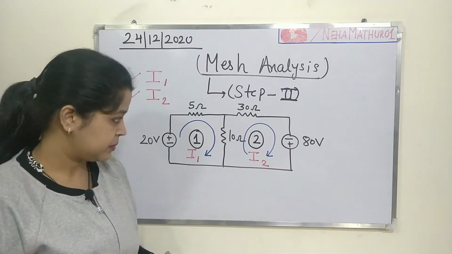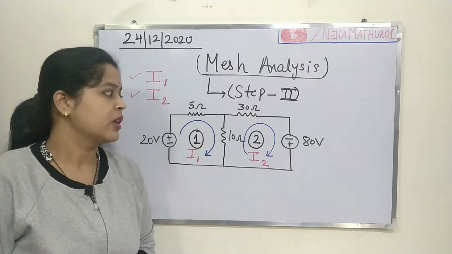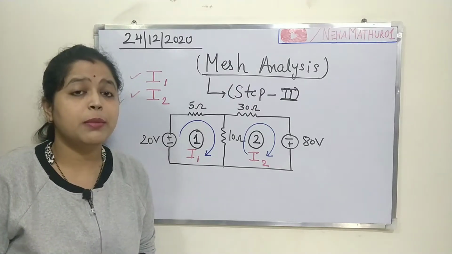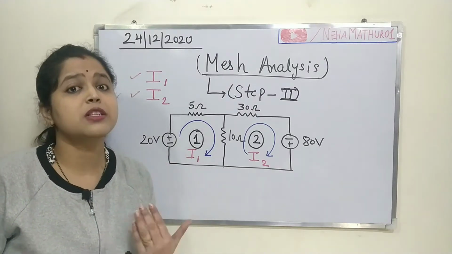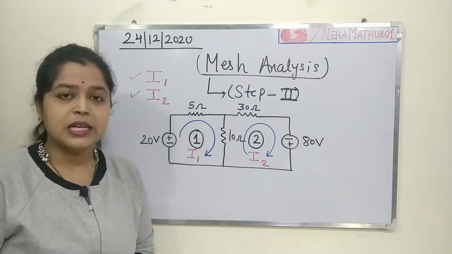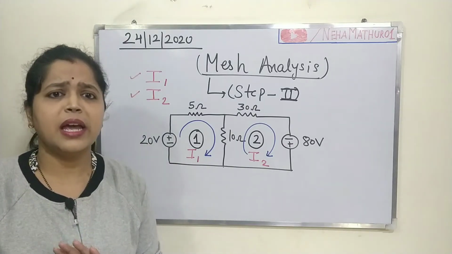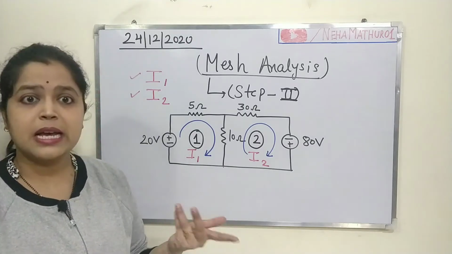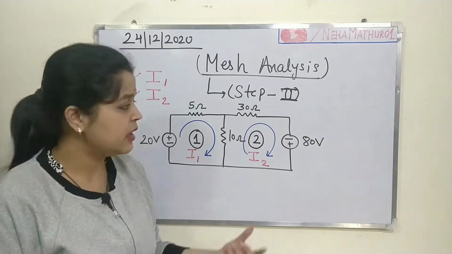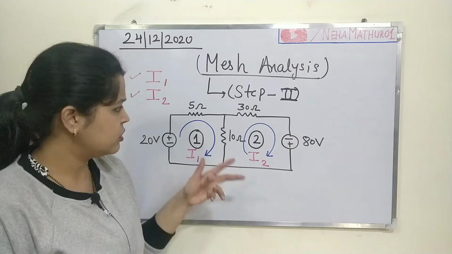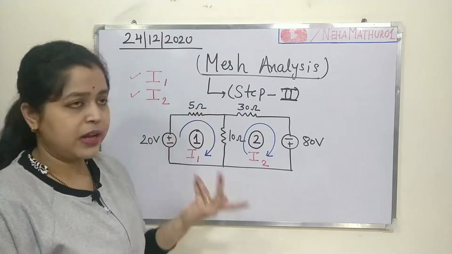Got it? And one more important thing, what about the type of question asked by the examiner in such cases? The examiner can ask any type of question, just like what will be the current across this 30 ohm or across this 10 ohm or across this 5 ohm.